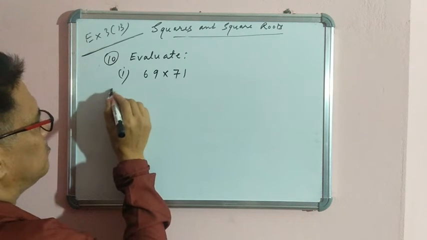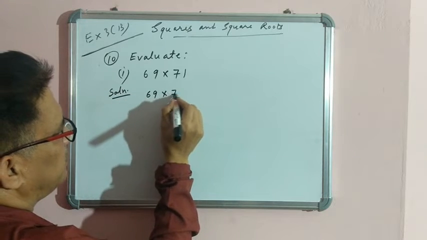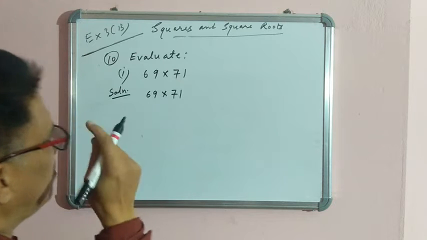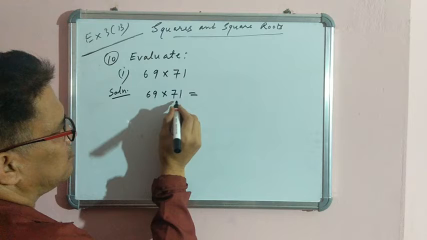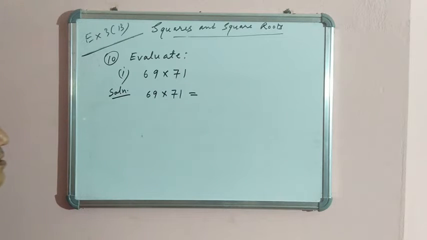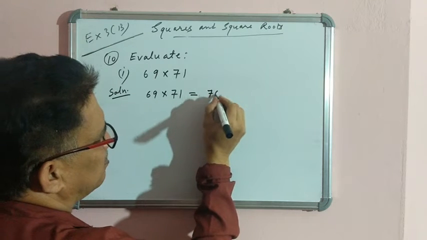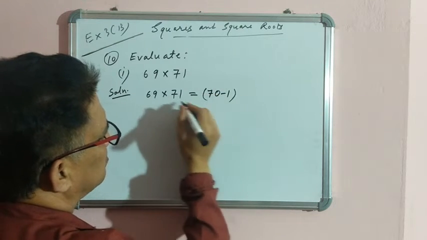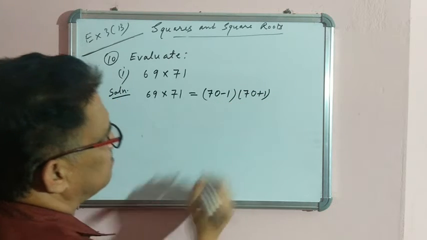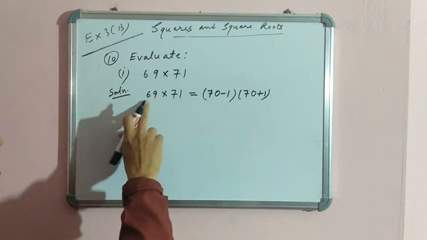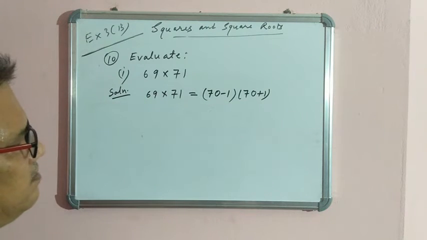First I am writing the solution. 69 into 71. 69 is close to 70, and 71 is also close to 70, so we will write them in the form of 70. 69 is equal to 70 minus 1 and 71 is 70 plus 1.